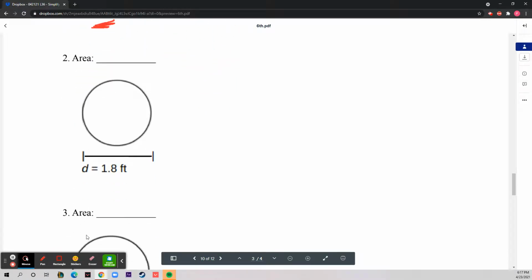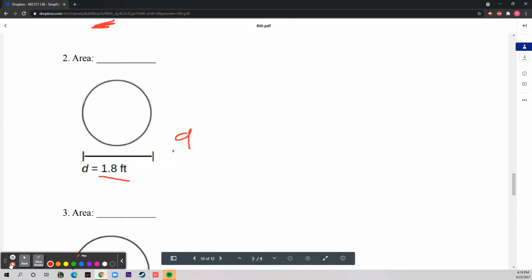Okay, one more. It says diameter is 1.8 feet, but you don't use the diameter to find area, you use the radius. So you have to divide the diameter by 2. So the radius is 0.9.